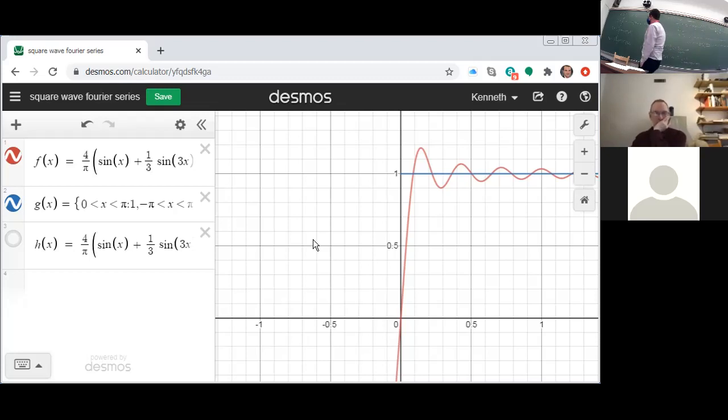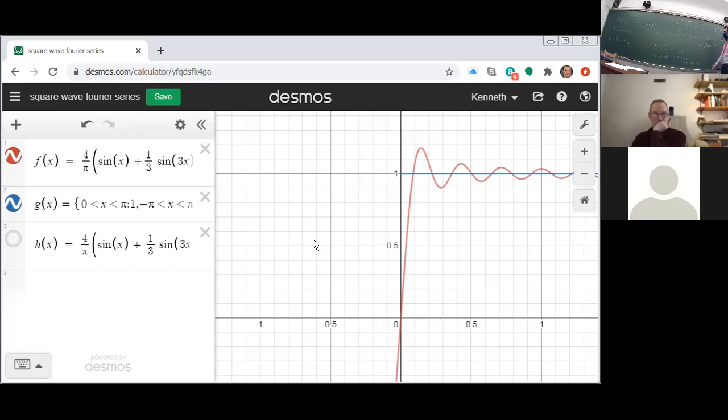So this is developed to work on functions that are compactly supported. That means that outside of some interval the function is 0.